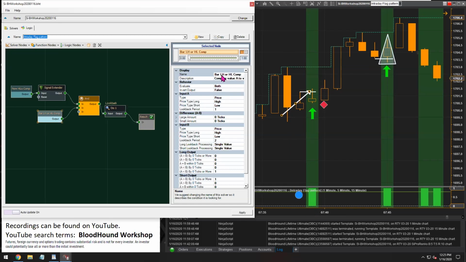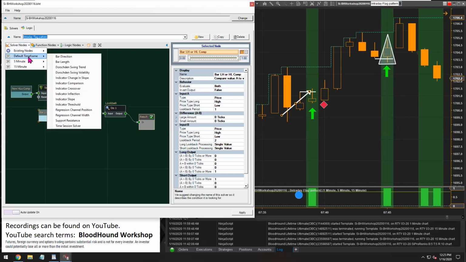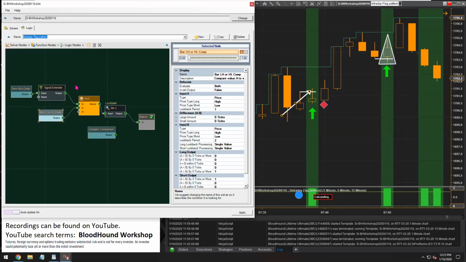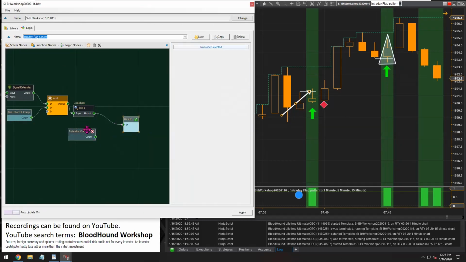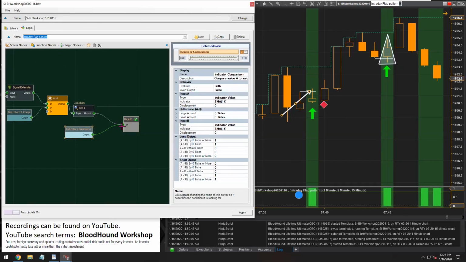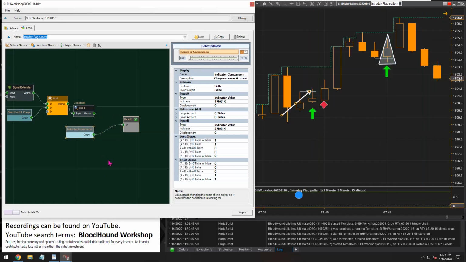Now we want to look for higher highs and lower lows, so the opposite condition. So let's grab a new comparison solver. Put that over here. Let's connect that in. All right, so we're looking for bar higher highs or lower lows.